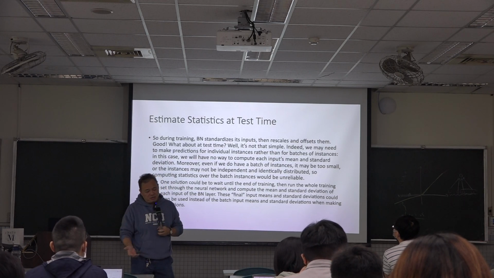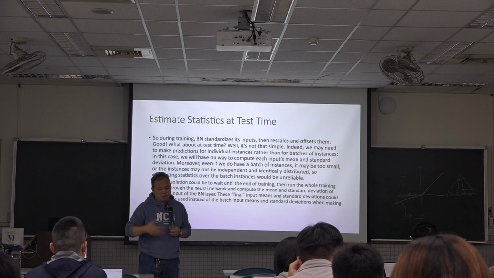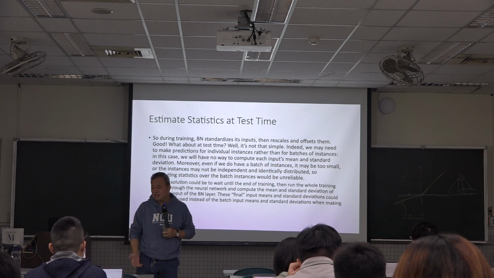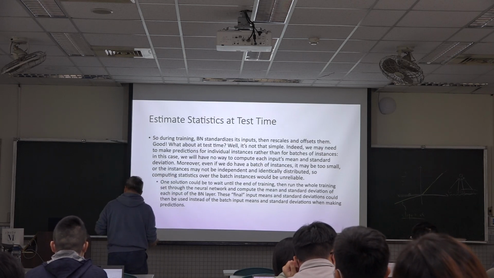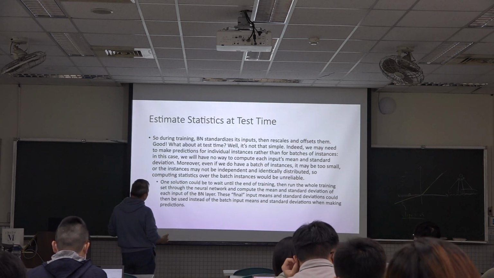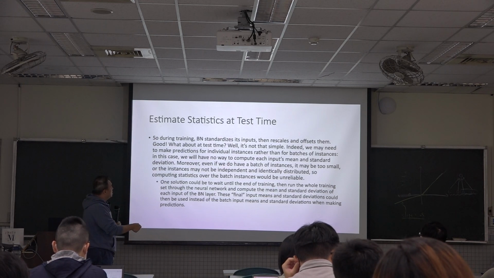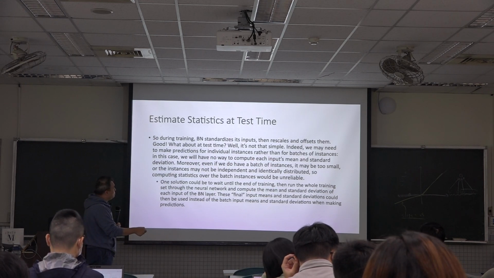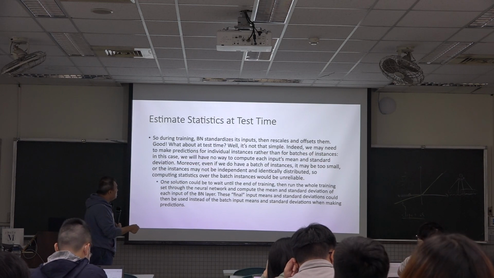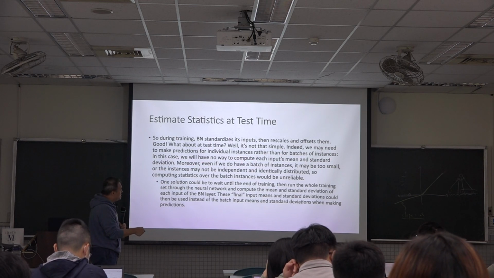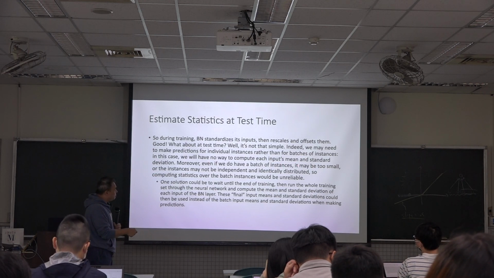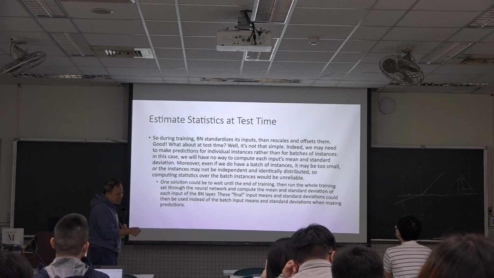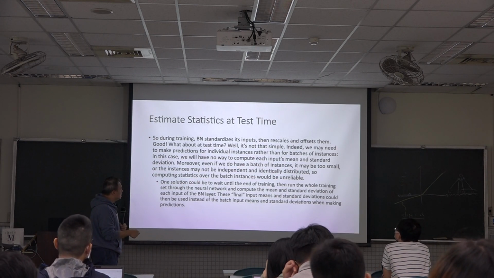During inference, we may only use this model to infer 1 or 2 instances. So how do you get the average or standard deviation for only a few instances? There's no way to compute each input's mean and standard deviation. Moreover, even if we do have a batch of instances, it may be too small. The instances may not be independent and identically distributed. It's not IID, so computing statistics over the batch instances would be unreliable.